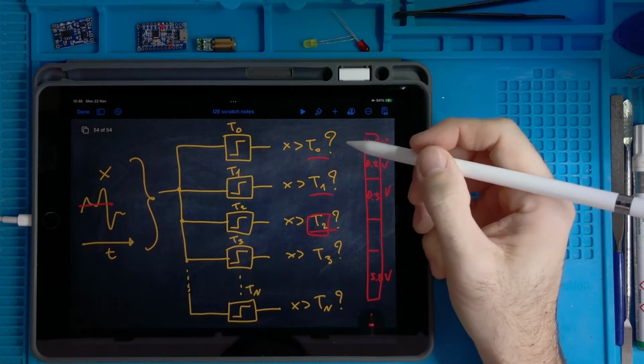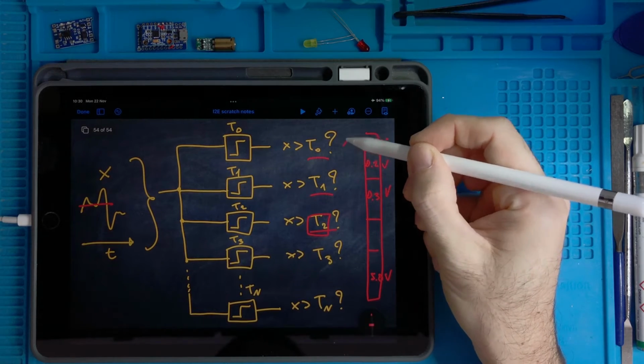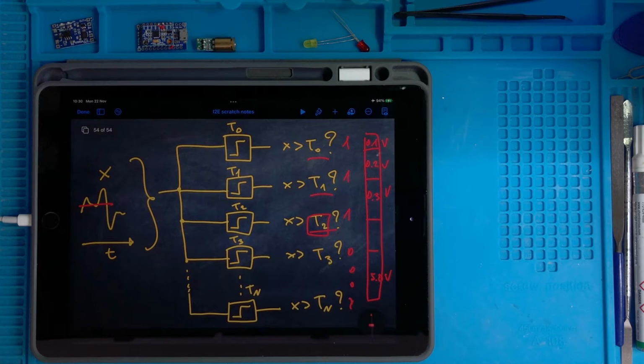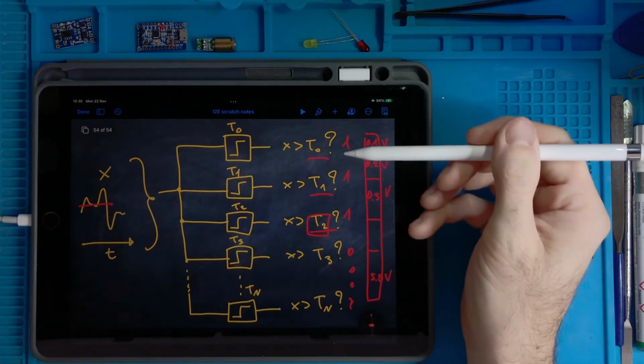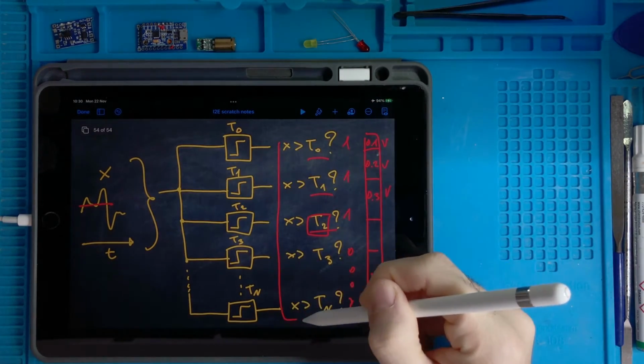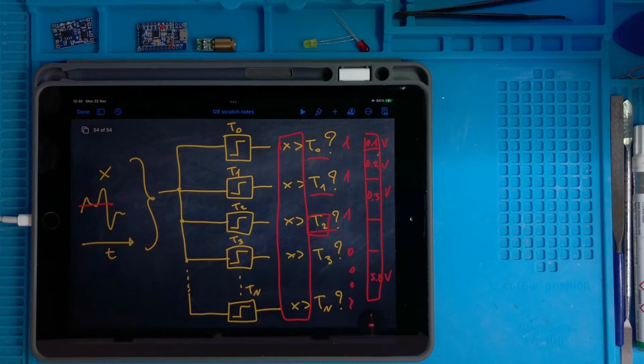So this binary representation, in this case 1, 1, 1, and then 0, 0, 0, 0, 0, will describe my signal. The more the signal is high, the more ones I have in this output vector here. So I can create a code, that binary code that represents my analog signal in a digital way.